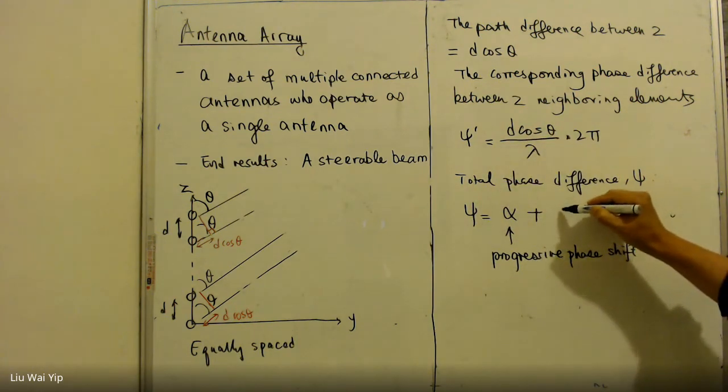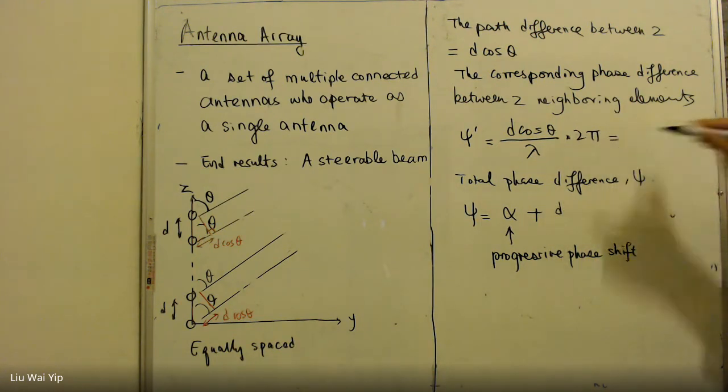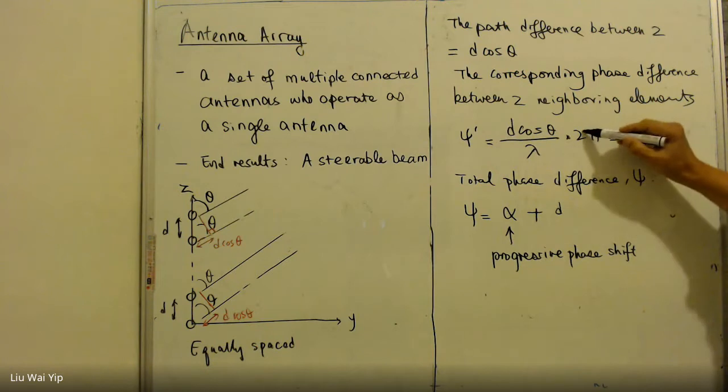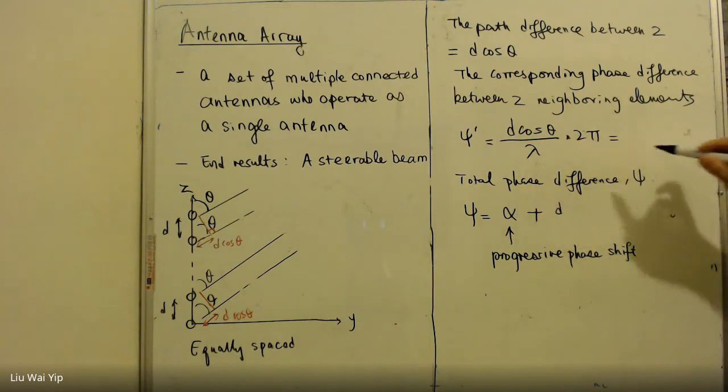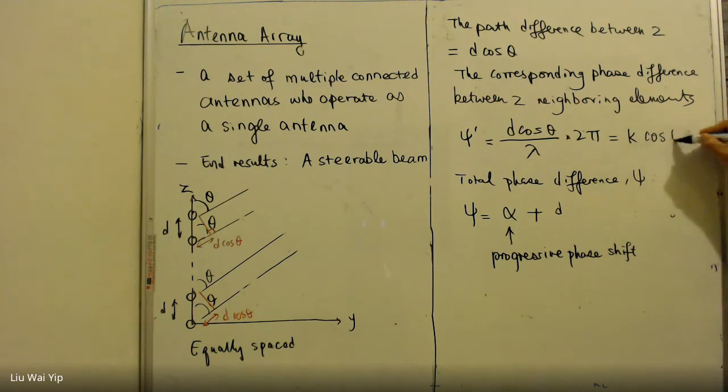Perhaps we should simplify this. 2 pi divided by lambda is k. Yeah, let's use this.